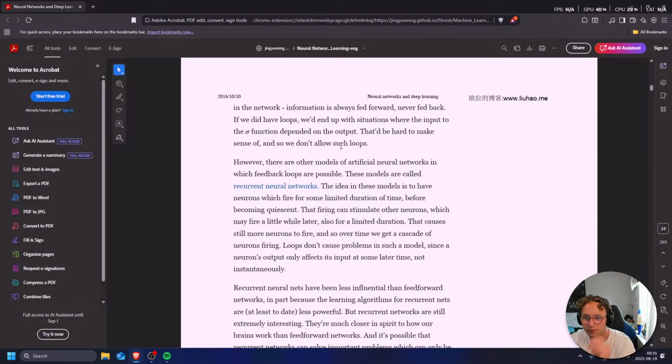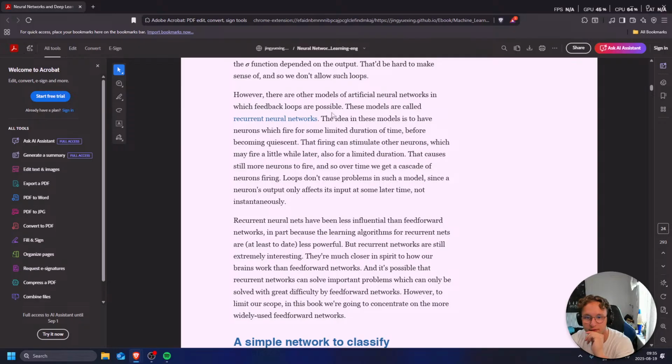No, okay. The idea of these models is to have neurons fire for some limited duration of time before becoming quiescent. That firing can stimulate other neurons, which may fire a little while later, also for a limited duration. That causes still more neurons to fire, and so over time we get a cascade of neurons firing.